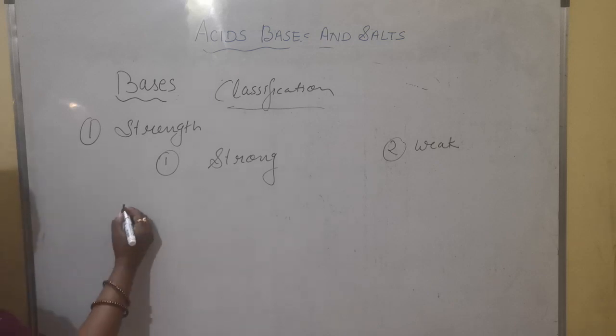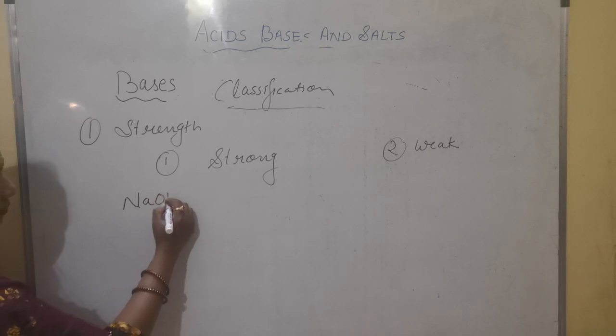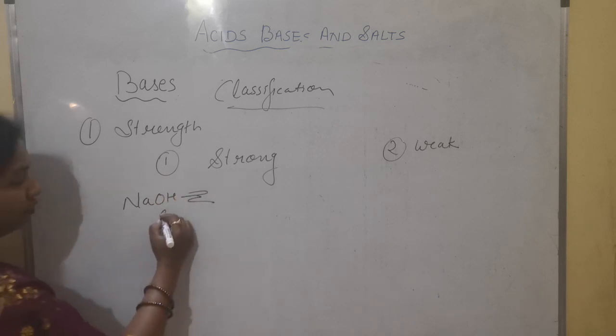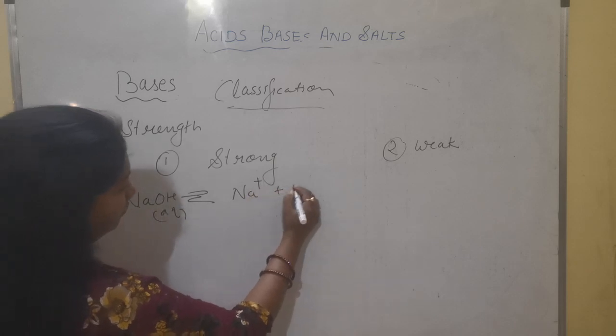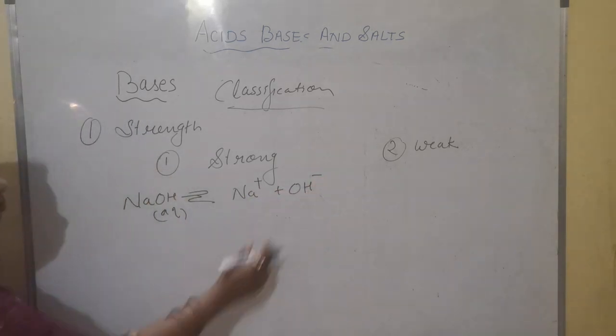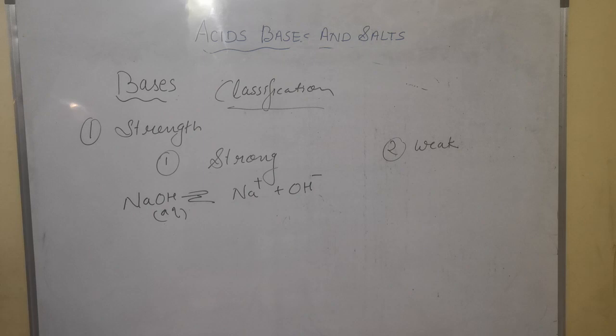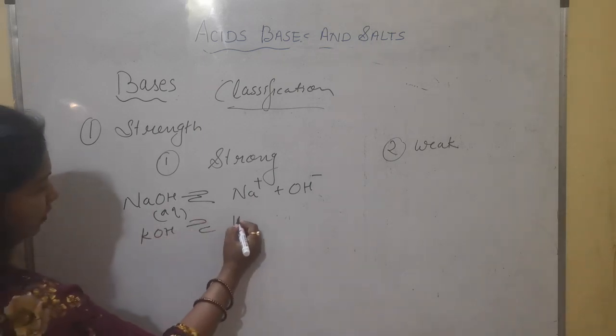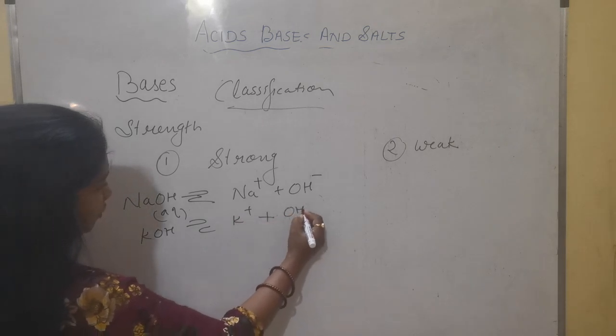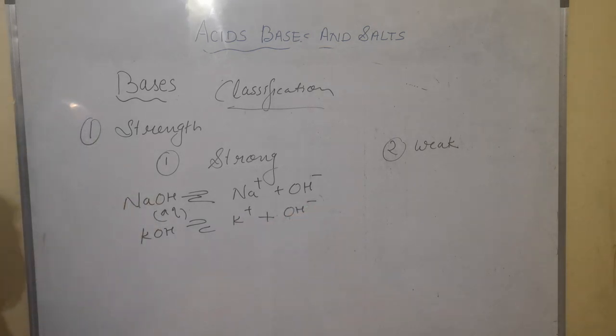ion. Almost complete dissociation in aqueous solution to give a high concentration of this hydroxyl ion. Similarly, KOH is also a strong base. On dissociation, it gives a high concentration of OH minus ion.